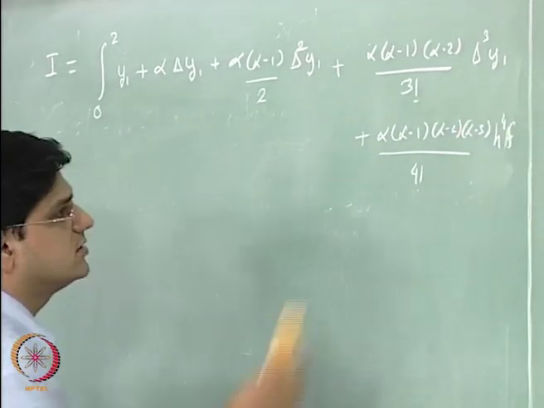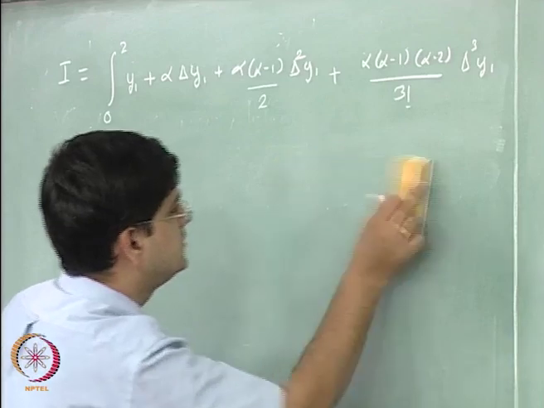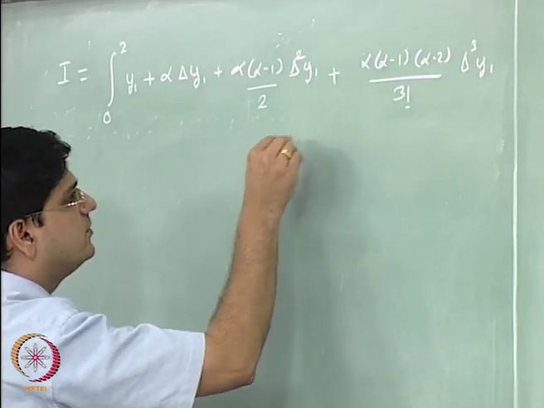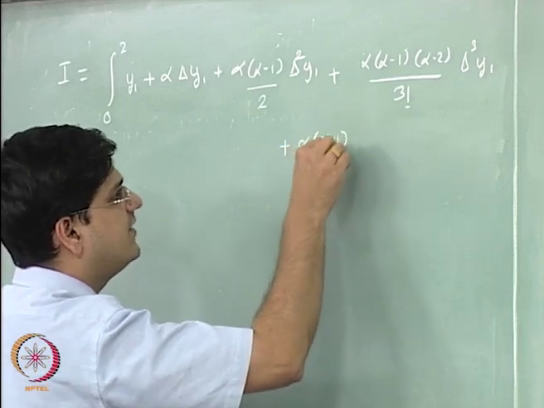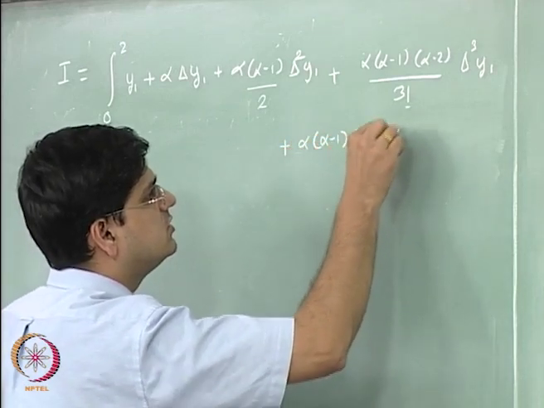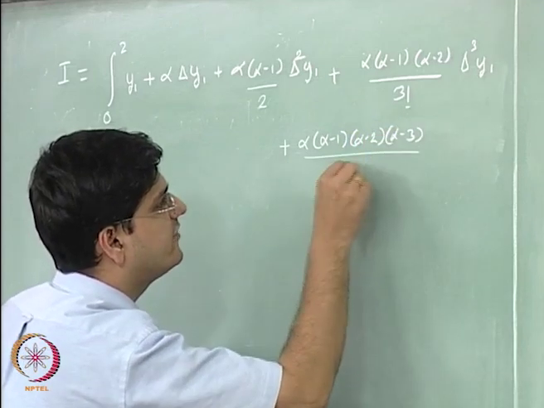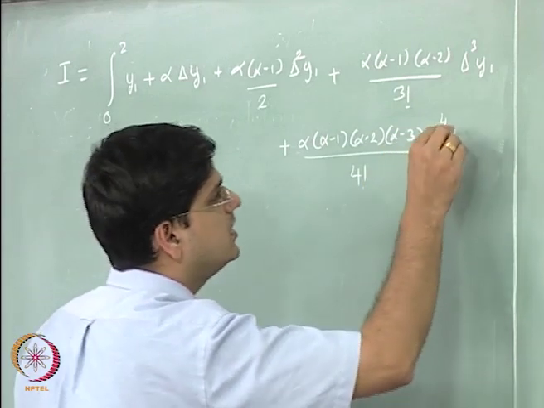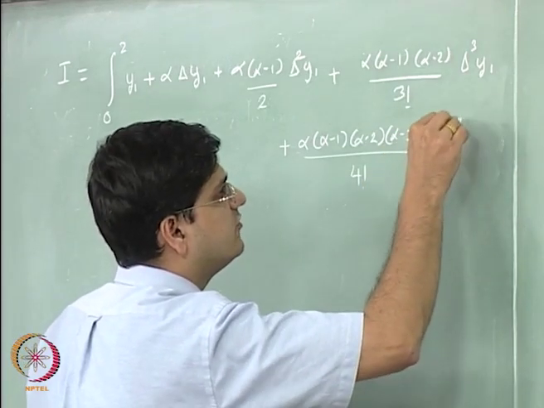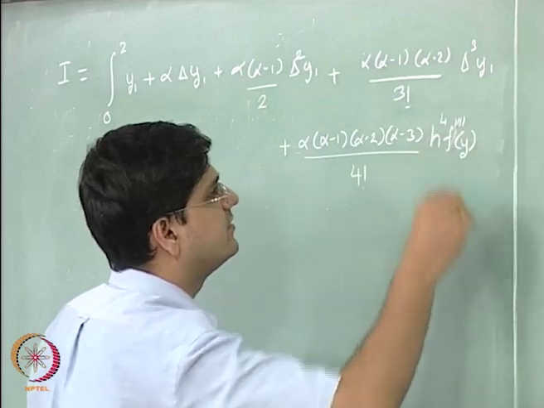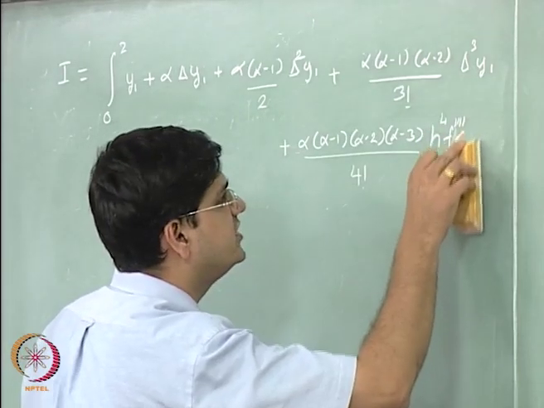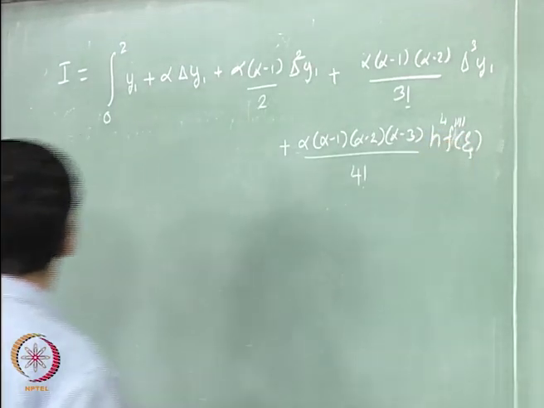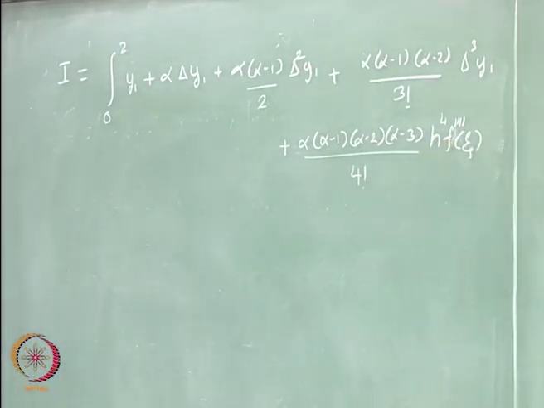I will just rewrite this. The next term after this is going to be plus alpha, alpha minus 1, alpha minus 2, alpha minus 3 by 4 factorial h to the power 4 multiplied by f4 dash of zeta. Okay, that is our polynomial that we had over here.